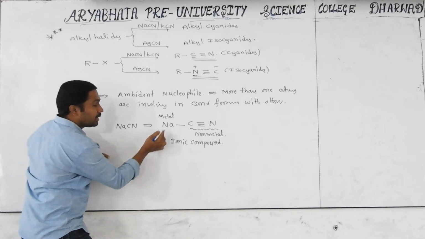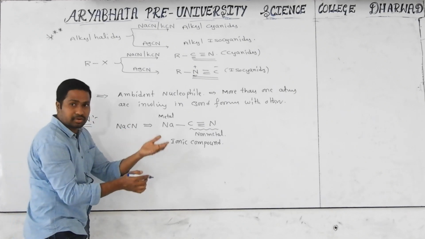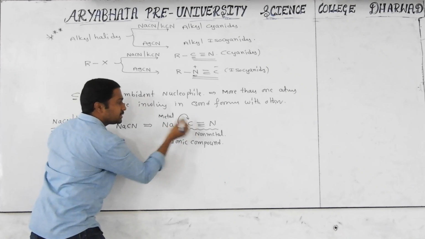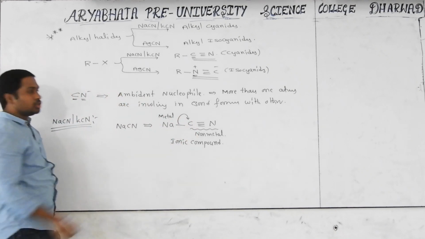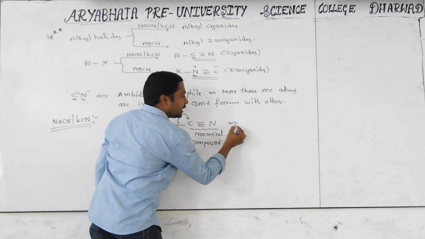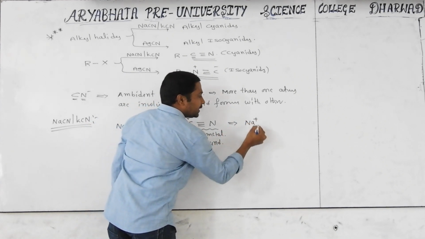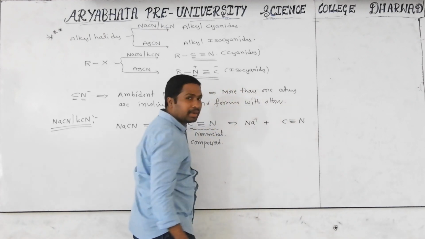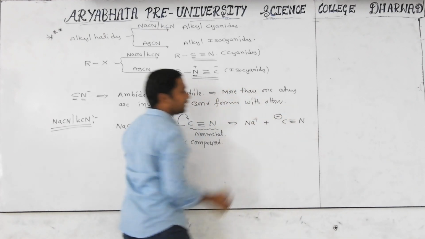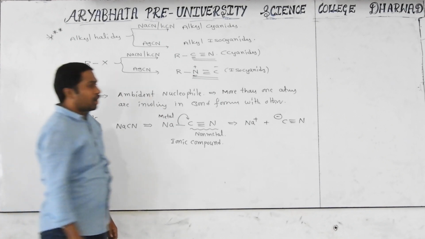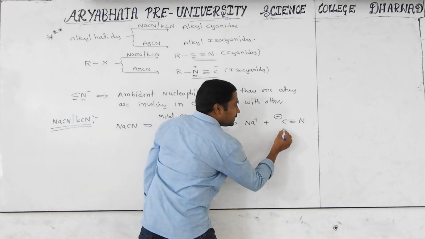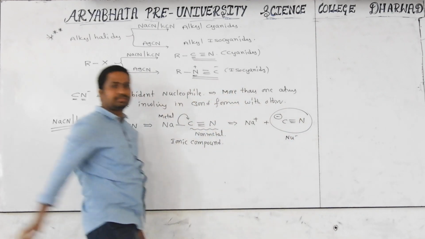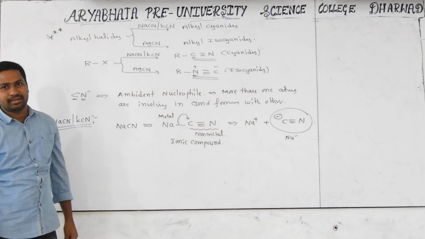Metal has a character to lose electron, being an electropositive element. So it loses an electron, which is received by carbon. Then we get the Na plus particle plus C triple bond N, with minus on carbon. Now this CN minus acts as a nucleophile. That is important.